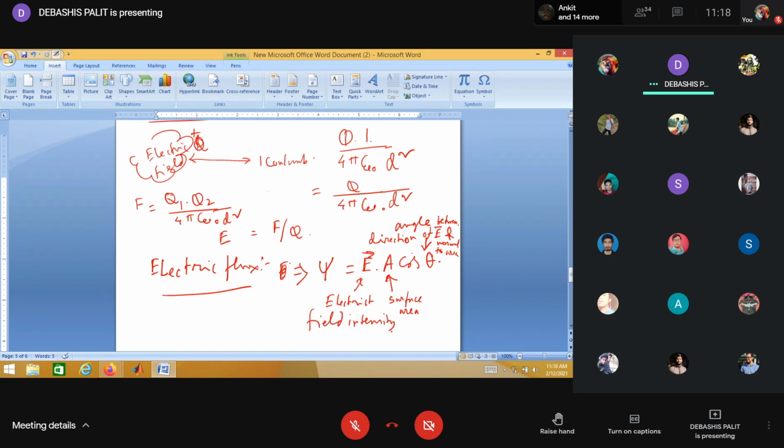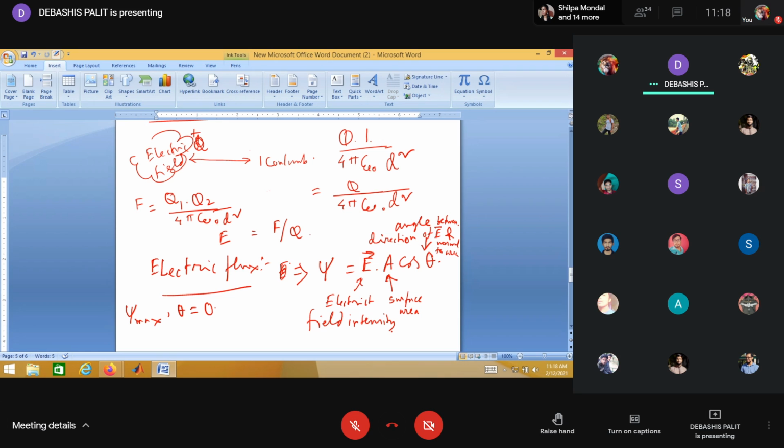that is theta. So normally electric flux will be maximum when theta will be 0, cos theta. So maximum electric flux when theta is equal to 0. That means the angle in between electric field and normal to the area is 0.